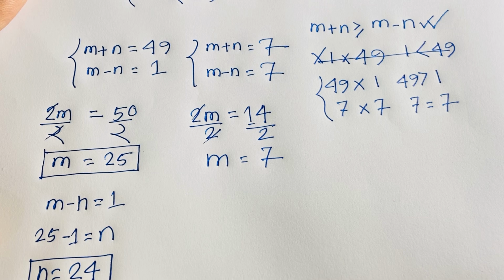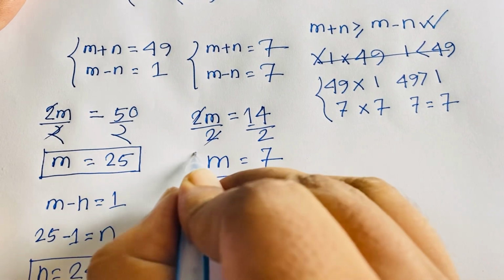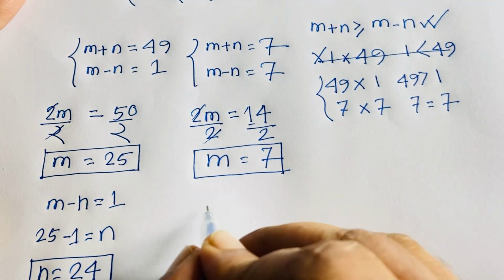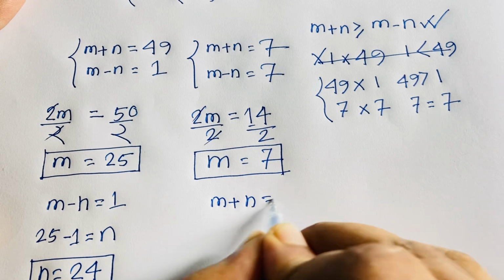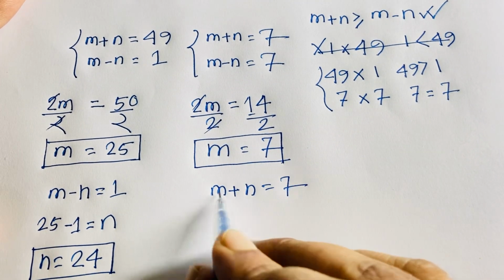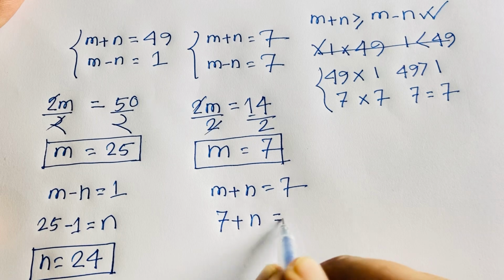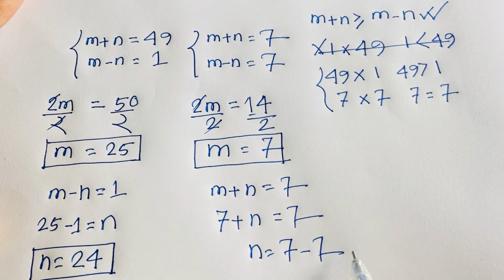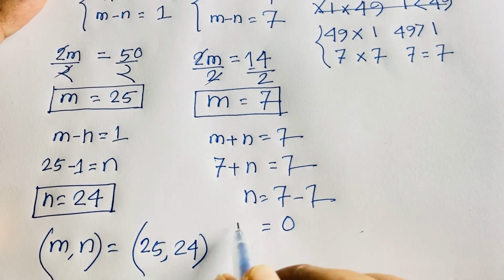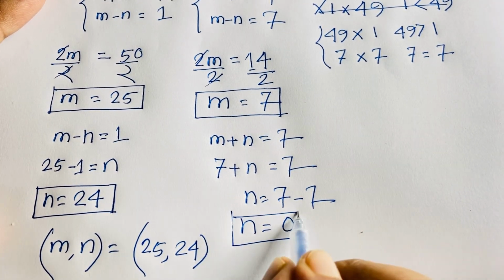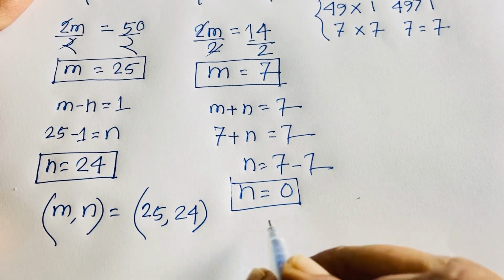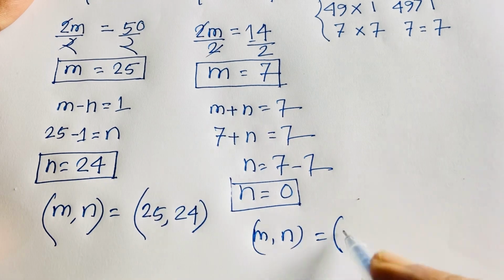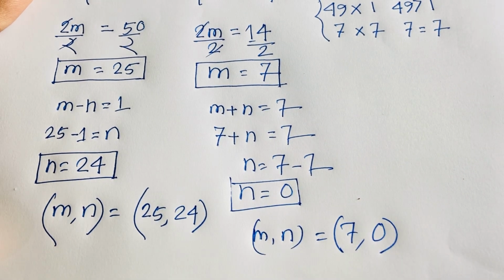So when m is equal to 7, and m plus n is equal to 7, putting the value of m, 7 plus n is equal to 7. Then n will be 7 minus 7, I just move this 7 to the other side, and it will be 0. So we find n is equal to 0. When m is equal to 7, n is equal to 0.